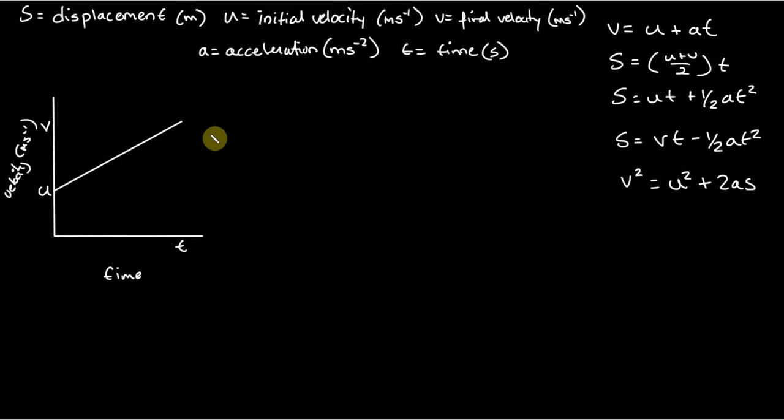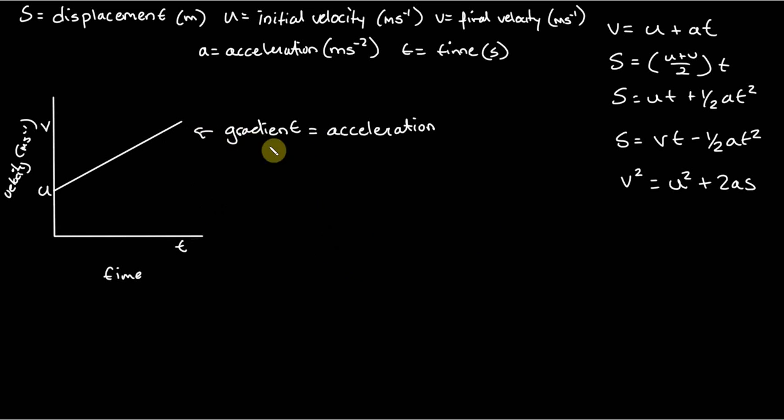It's constant, and the gradient of this line, the gradient equals acceleration, and thus one may already get a sense of why these equations work best when it comes to studying objects that are moving only with constant acceleration, or to phrase it differently, why they are used to derive equations for objects moving with constant acceleration.